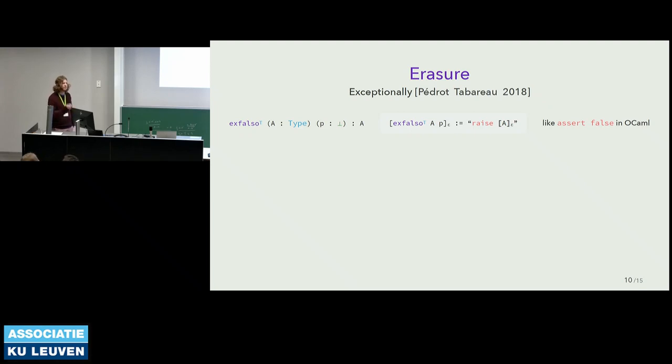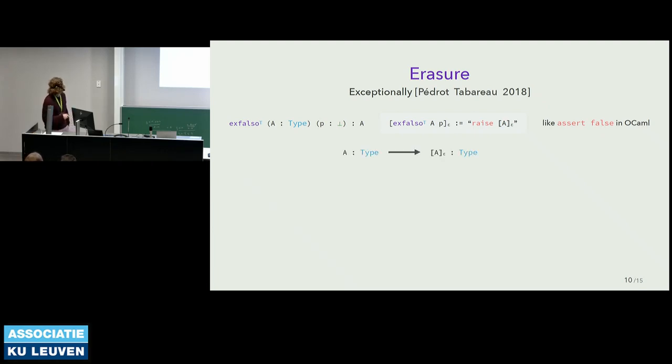I don't know what to do, so I'm just going to say, whatever, this doesn't happen. So it's a bit like an assert false in OCaml. If you think of erasure as extraction somehow, you're just saying this is an inaccessible branch, so I can put garbage in there, it doesn't matter.